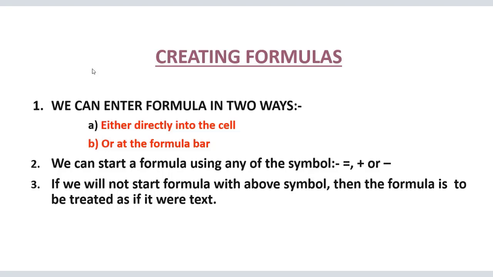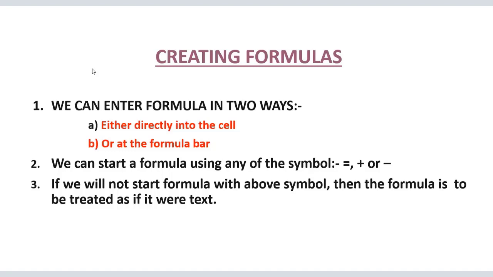And the second point is we can use the equal to symbol for calculations of a formula, or we can use the plus symbol or minus symbol. If you do not enter the equal to symbol or plus symbol or minus symbol in the cell, then it will take the numbers as text.